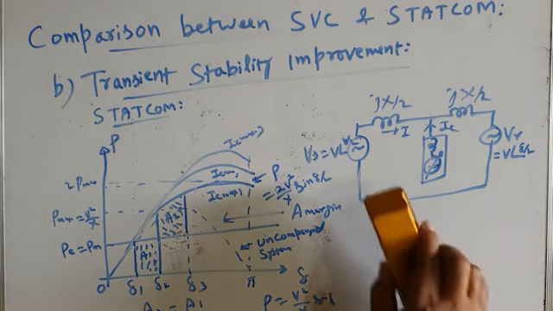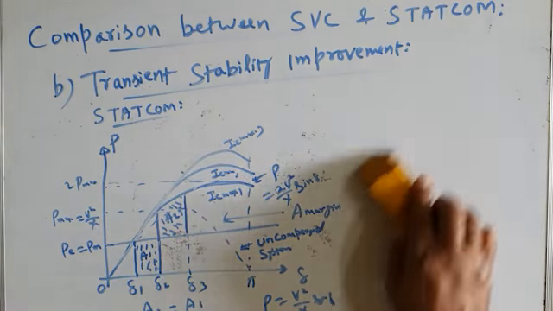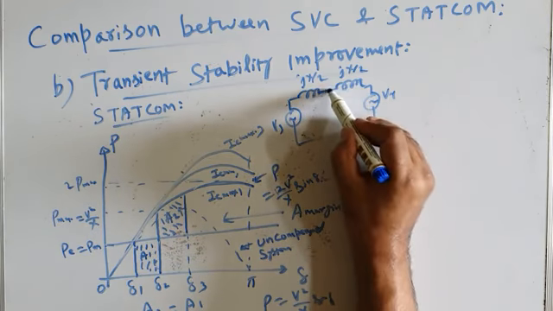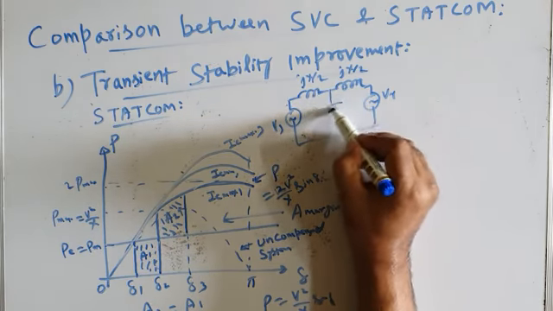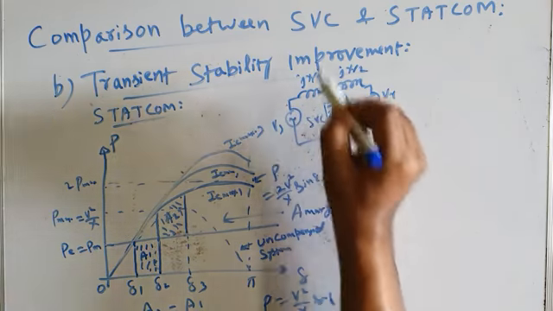On the other hand, if you don't use STATCOM as a shunt compensator but use SVC as a shunt compensator, SVC looks like this. This is again jX by 2, jX by 2, this is the sending end voltage, this is the receiving end voltage, and this is our SVC, connected across.